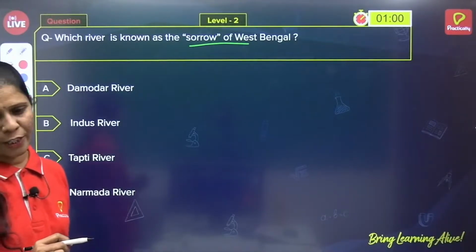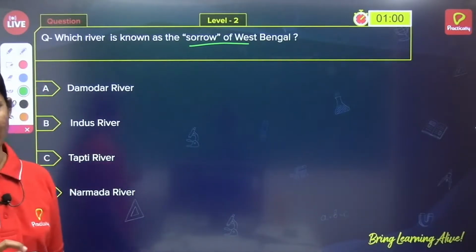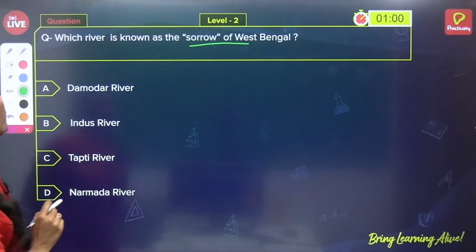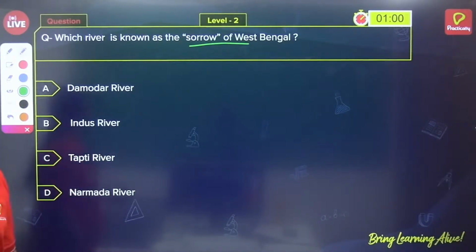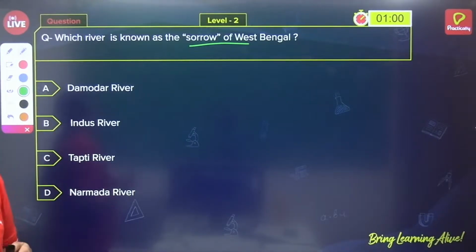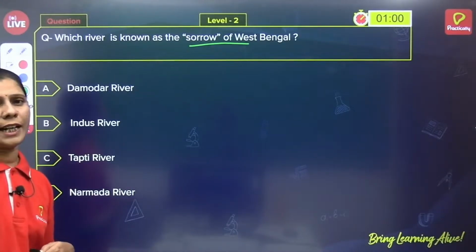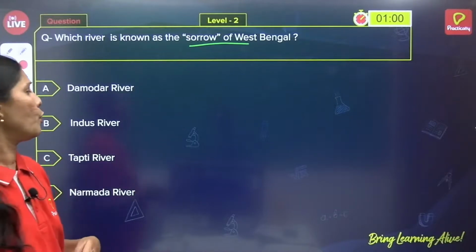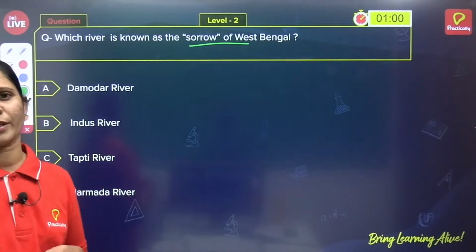Monisha, can you answer this question? Can you guess? Just try. Which river is called the sorrow of West Bengal? Just analyze which river flows in West Bengal.